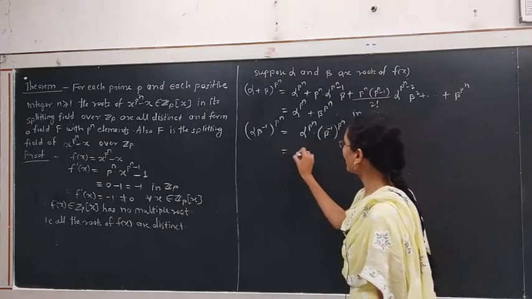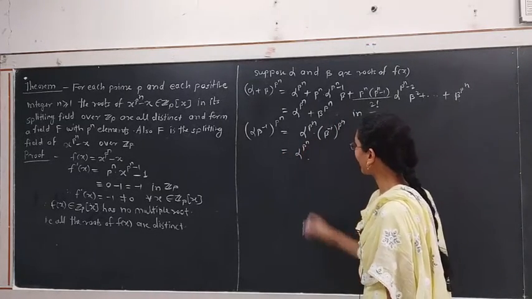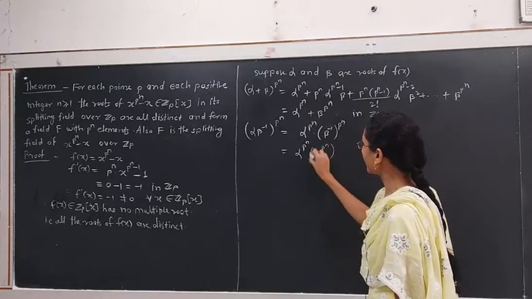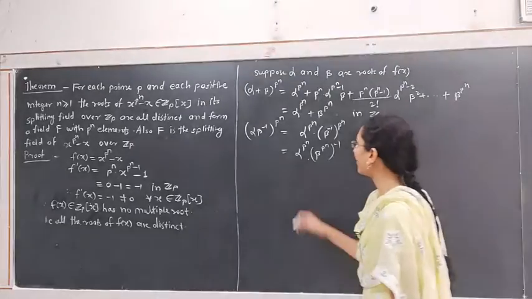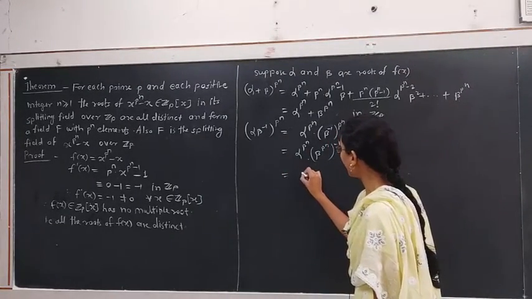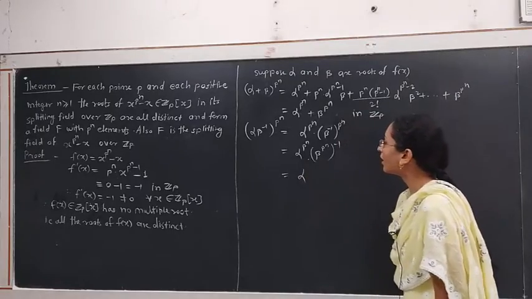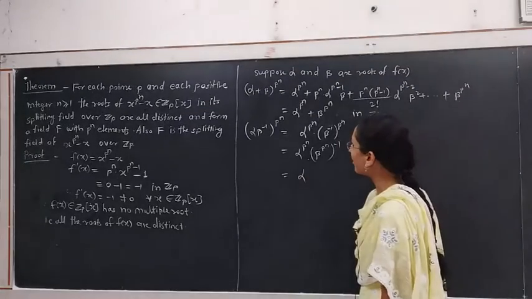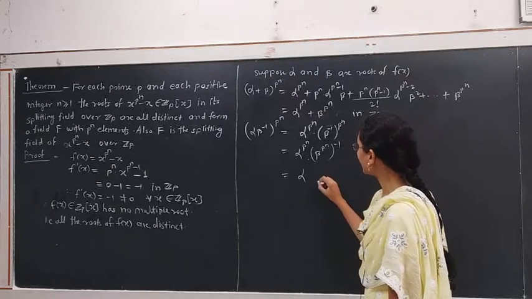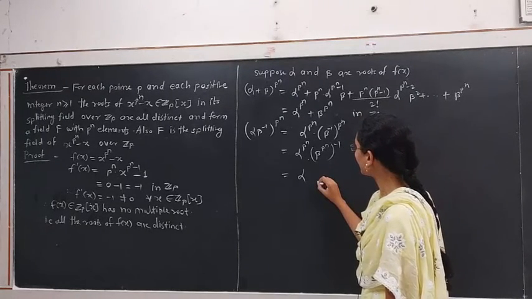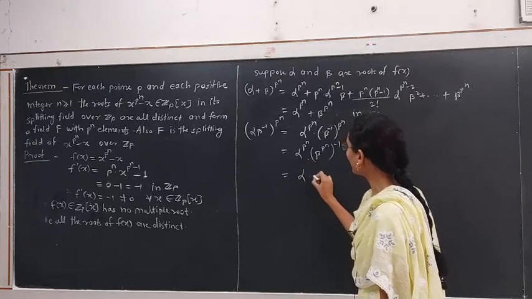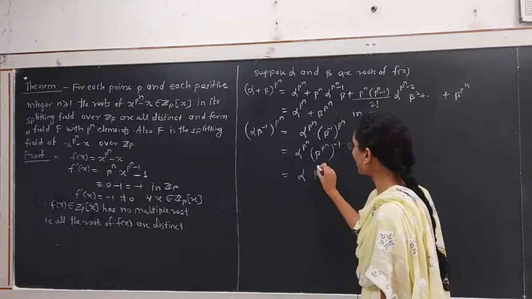This is equal to alpha^(p^n) into beta^(p^n) raised to minus 1, which is equal to alpha^1 into beta^(minus 1).